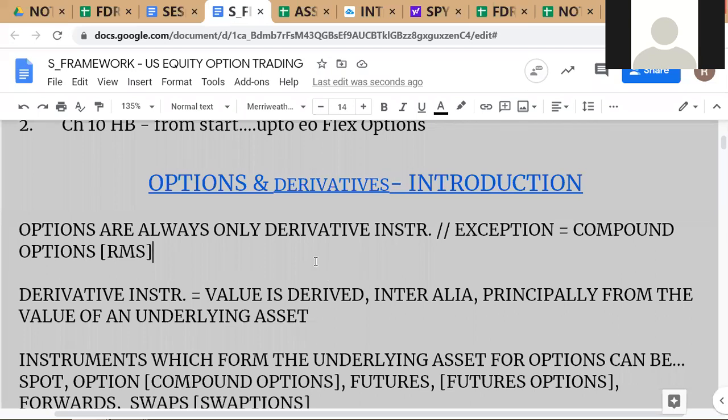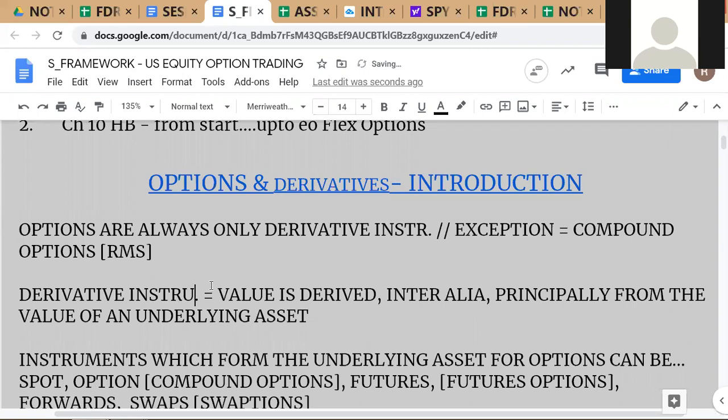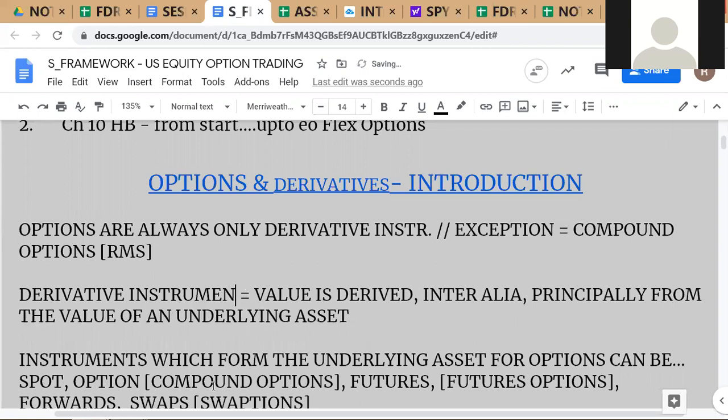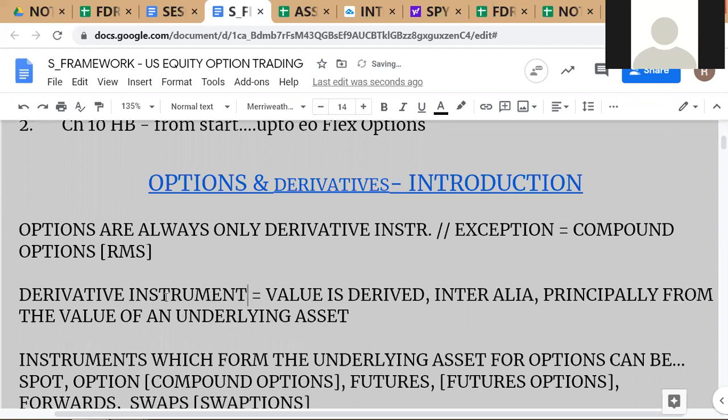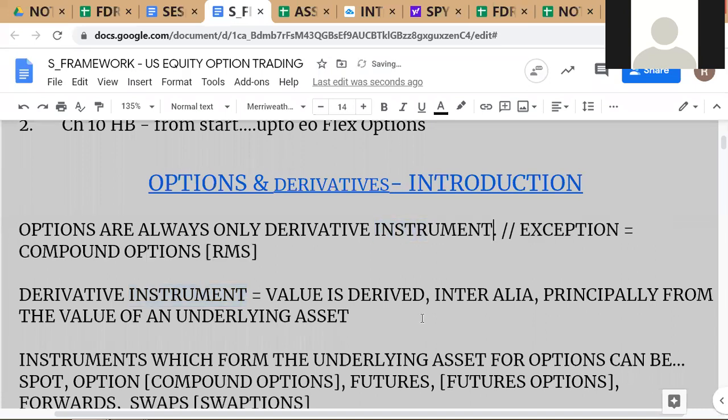But first let's understand derivative. Let's get some basic lingo out of the way. Let's write it properly. Let's call it 1. Options are always derivative instruments.